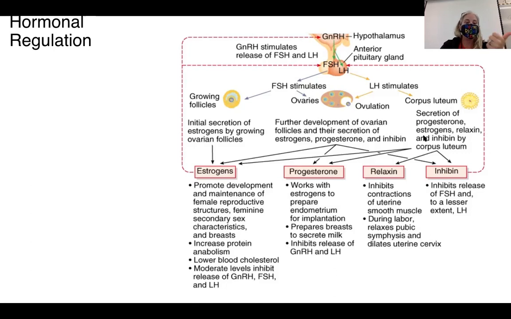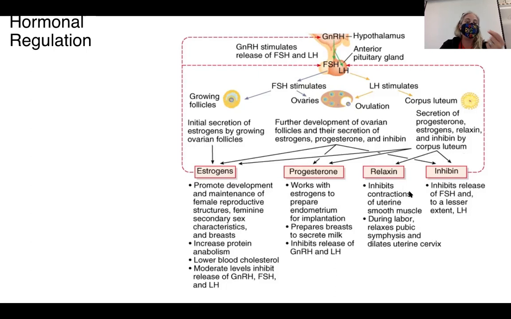You have the progesterone levels necessary, the estrogen levels necessary. You have the relaxin, which is going to inhibit FSH because you don't need to make more follicles if you're pregnant. You don't need to have luteinizing hormone. You don't need to ovulate if you're already pregnant. You also are going to release relaxin, which is going to inhibit the uterine contractions.